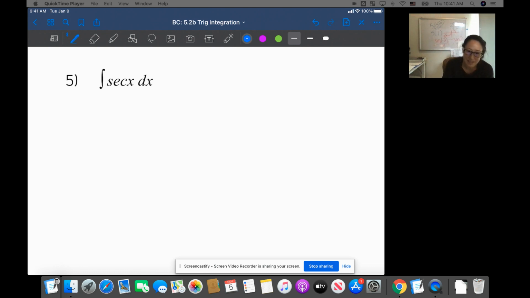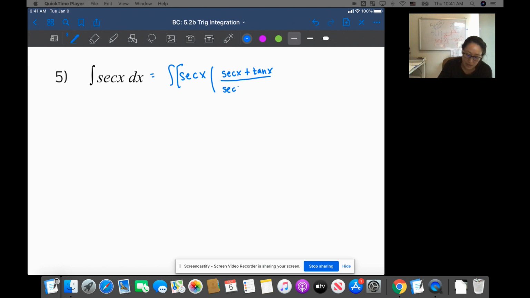Okay, secant, another trig ratio that we haven't integrated before. So how can we rewrite secant? Okay, this one is not as straightforward. So I'm going to rewrite this as the secant of x times a form of 1. So secant x plus tangent x over secant x plus tangent x. I don't really expect you to come up with this, so I'm showing you how.